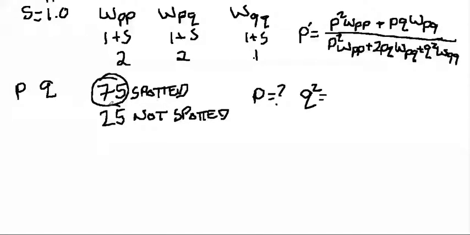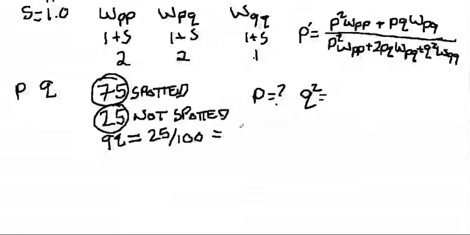These individuals we know must only be QQ. So we know that QQ is equal to 25 divided by 100 equals 0.25, and so that is Q squared.